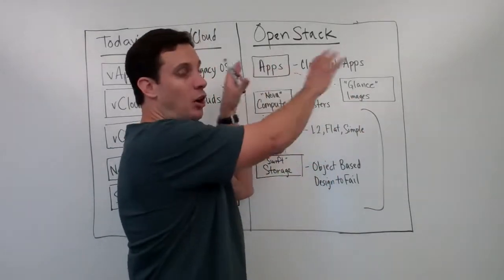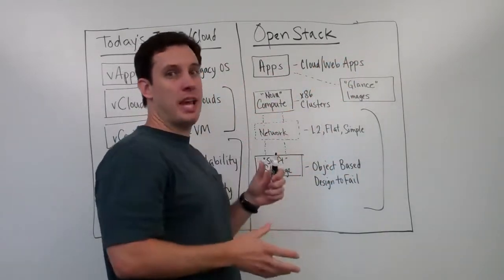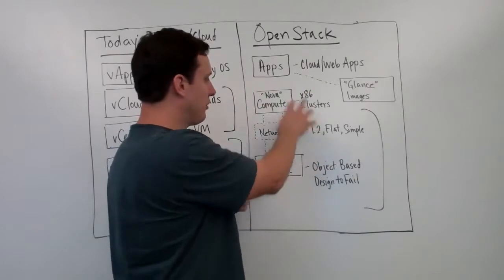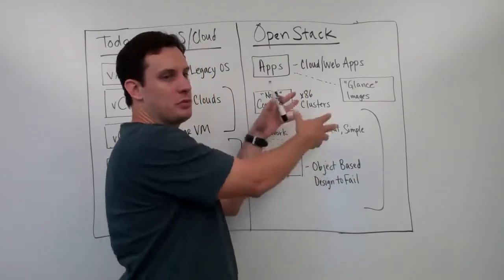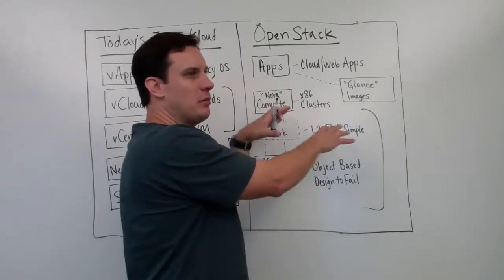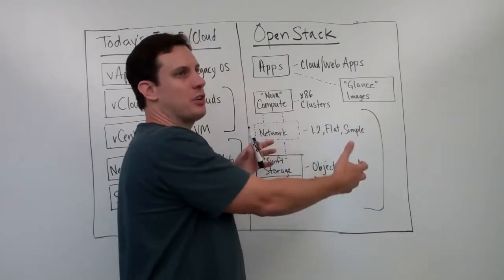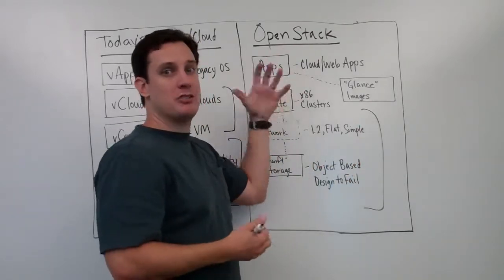In this case, all new applications, big data, web applications, lots of intelligence built into the application layer, some definition of compute and storage today, as well as where the image repositories are, but less high availability and less intelligence per se in the infrastructure, because we expect the applications to do more in that space.